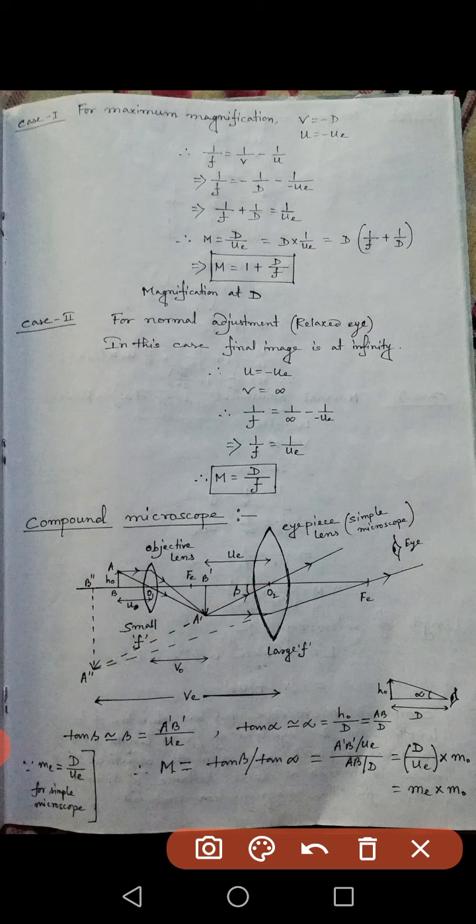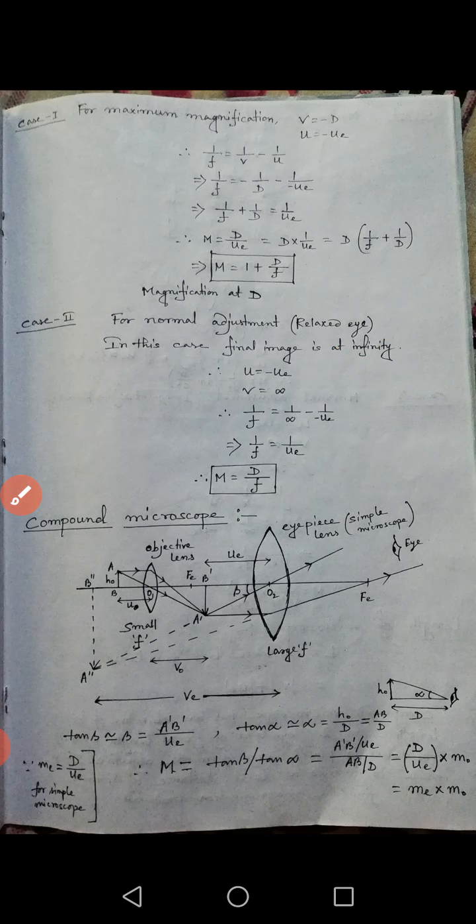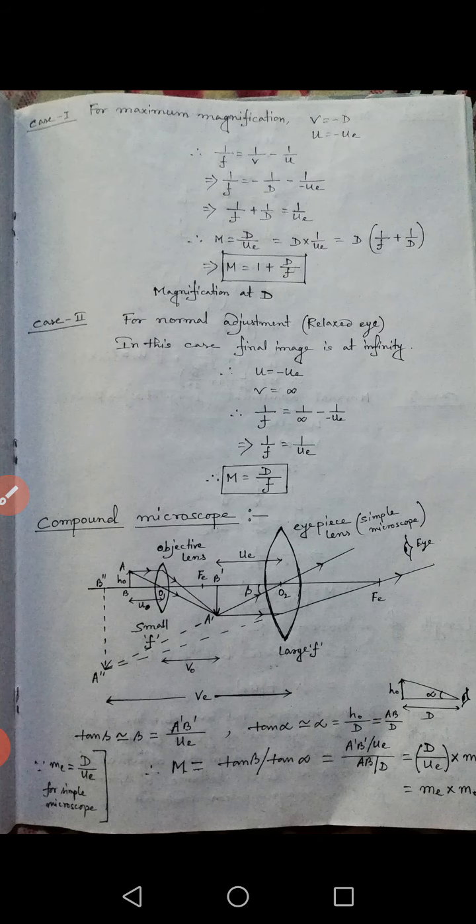Alpha angle, as I already told you, if this is our normal eye somewhere here, and this is the object, then the object is subtending some angle at the eye, this angle will be alpha. No instrument is required in this case. Alright, so in the next video we will find out the magnifying power, that is the ratio between tan beta and tan alpha. Thank you.